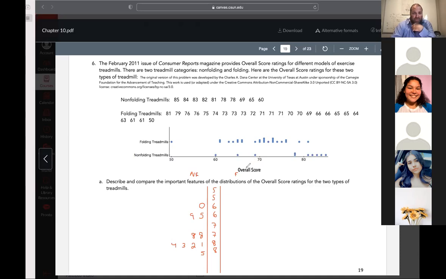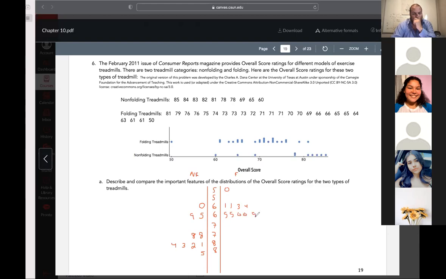Now let's go to the folding side. What's the smallest number? 0. Okay, where would I put it? On the first 5. Okay, 5 0. Next, you go to the 6 and you put a 1 on the first one, another 1, a 3, a 4. And then on the second 6, put a 5, a 5, a 6, a 9.